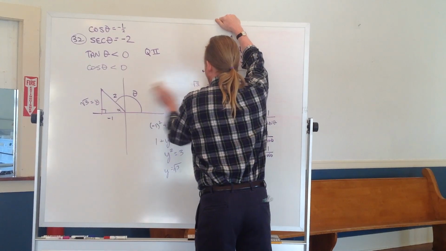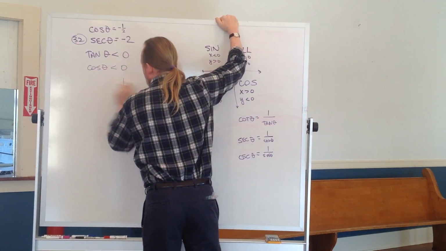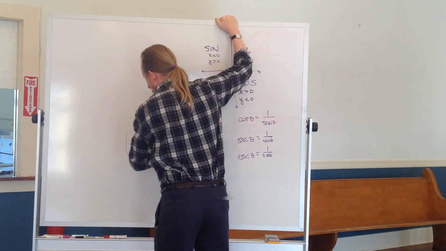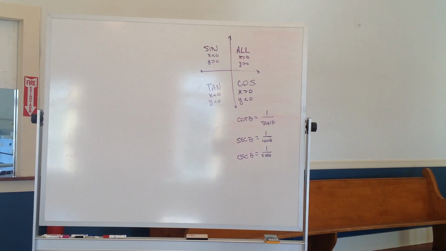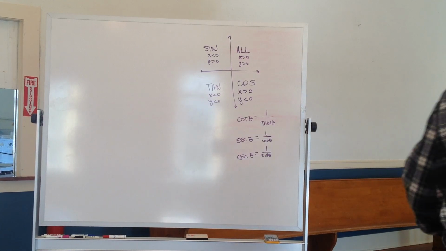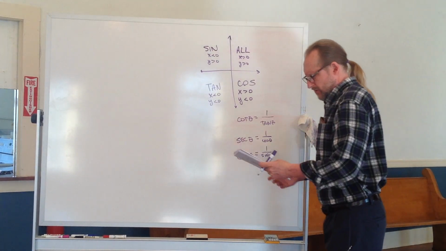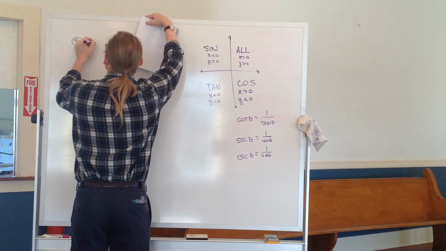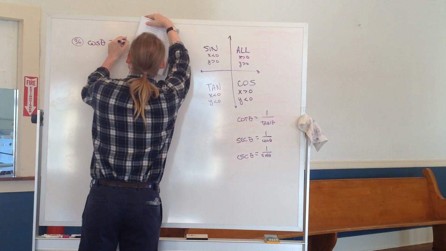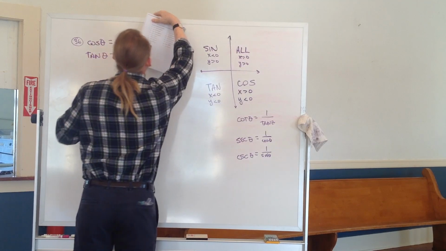Make some space. Problem 36. We've got cosine equal to -2/5, and the tangent positive.